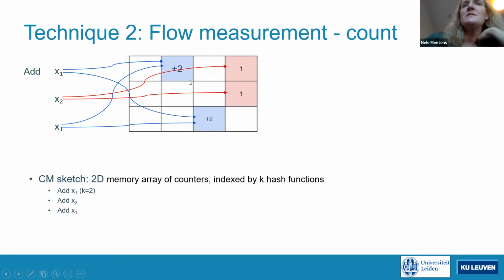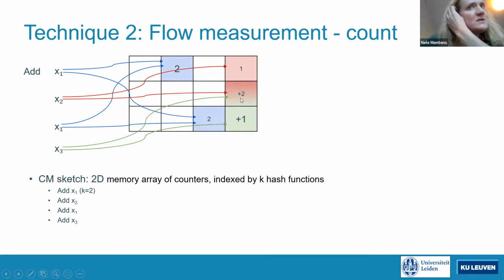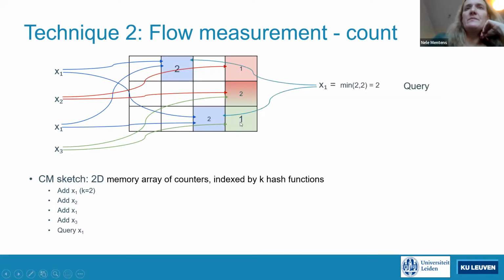We go from 1 to 2. Then X3 comes in. X3 points to this location and to this location. The first location, hash 1, is shared with X2, and the second location is a new one. So we do +1 for both, which means that this becomes 2 and this becomes 1.